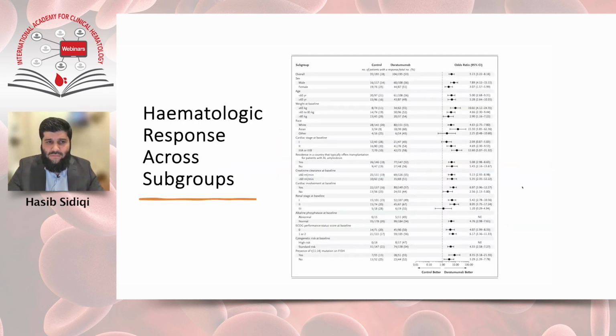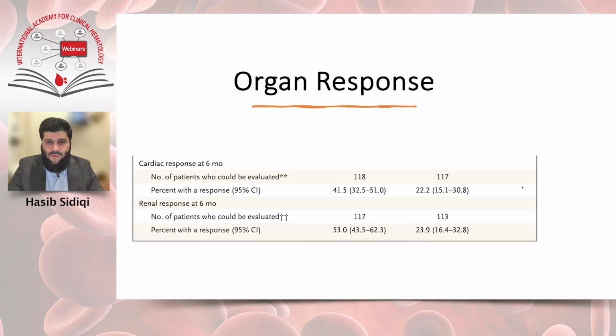This improvement in hematologic response was found across almost all subgroups, in particular patients with Mayo Stage 2 or 3 cardiac disease at baseline. Of note, organ response, predictably, given the deeper hematologic responses, was better in patients receiving the daratumumab.